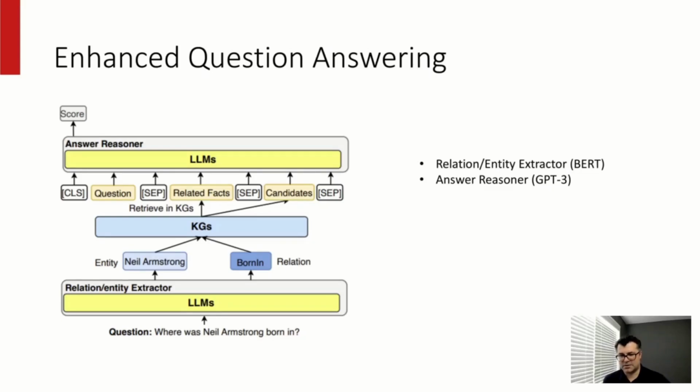Enhanced question answering. Now, the use case that I went over has some similarities to this, because it was a kind of question answering thing that we built. This starts with a relation and entity extractor. So you use the large language model to extract the entities. As we already know, for that, BERT might be a good choice. And then you use the knowledge graph. Now, what I would say is, if you remember when we were going through the use case, I might be able to say that Neil Armstrong is an entity, and born in is a relation, based on analyzing the text.